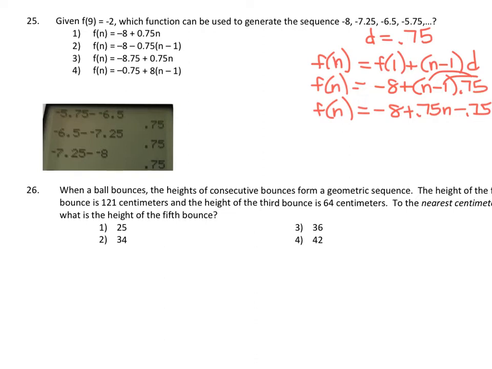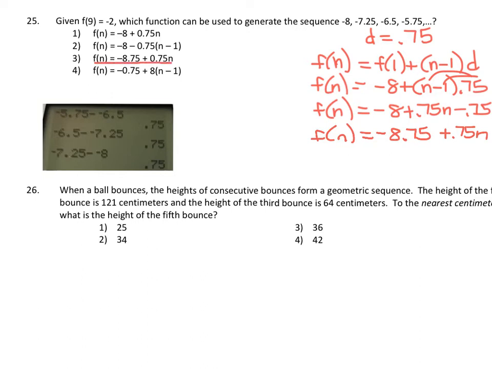Now, if I combine my like terms, -8 minus 0.75 would be -8.75. So we have f of n equals -8.75, and I'm going to bring down the plus 0.75n. So now let's see if we see that. Yep, look at this right here, choice 3.